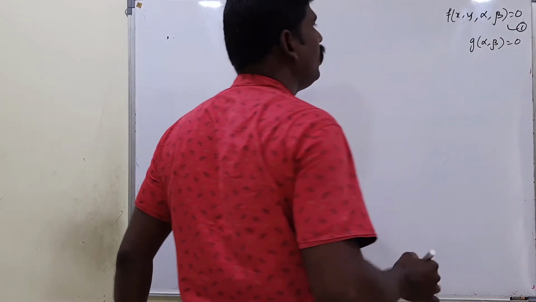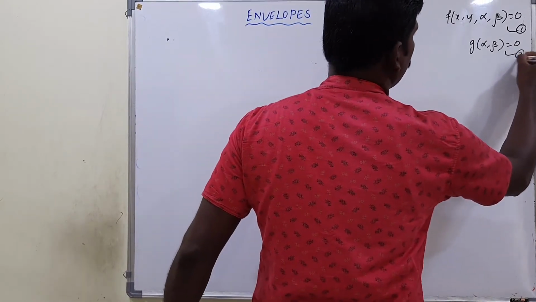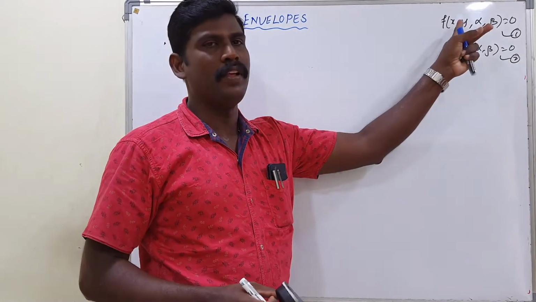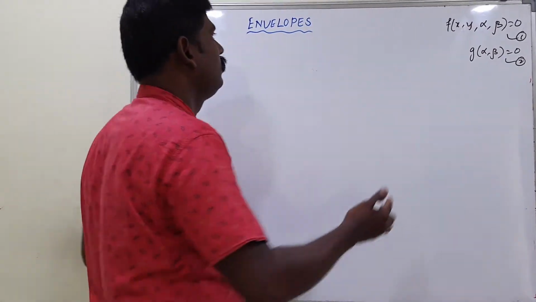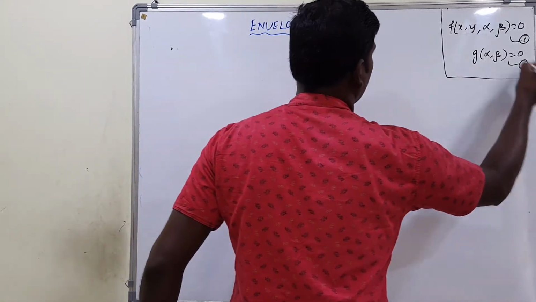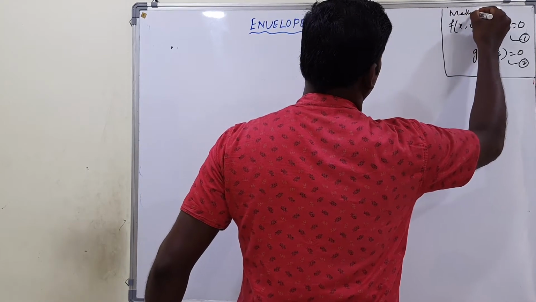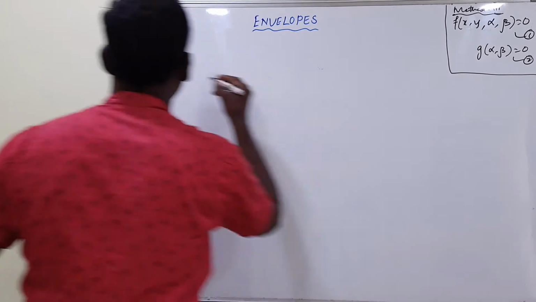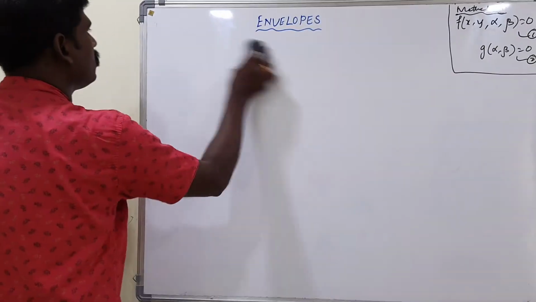These two are given to you. Using these two, you need to find the envelope of the family of this curve, right? Now directly go to the problems.